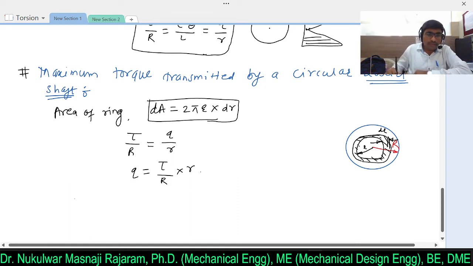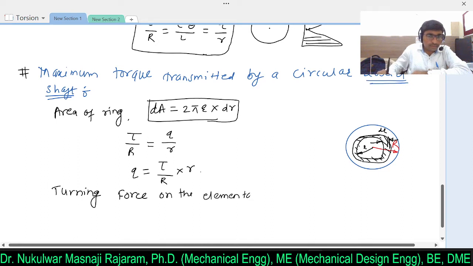Now we will consider the turning force. Clear? Turning force on the elementary circular ring. On this particular ring I will evaluate the force. Now how can we get the force?